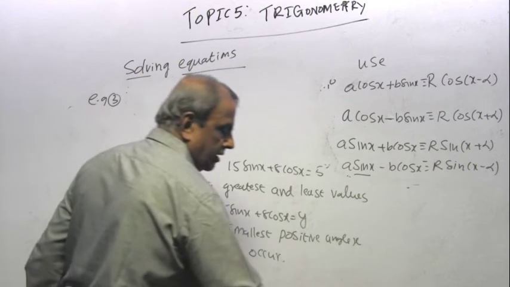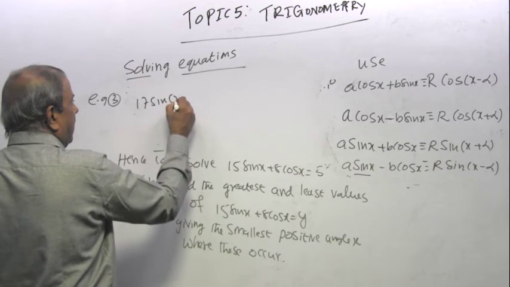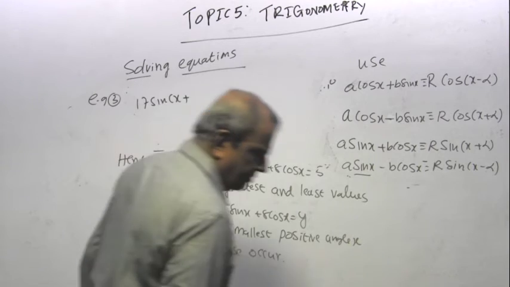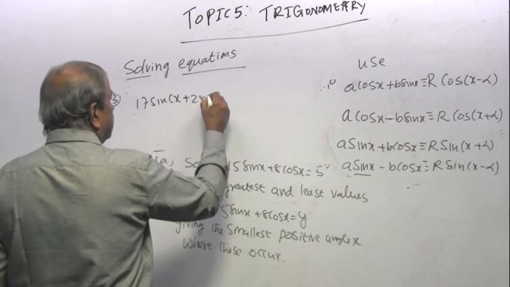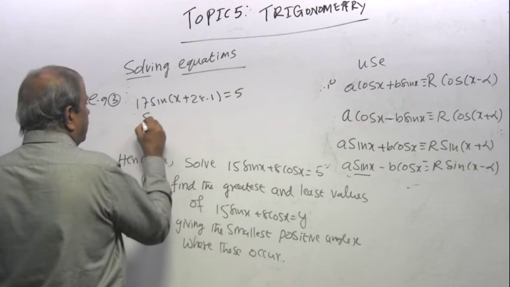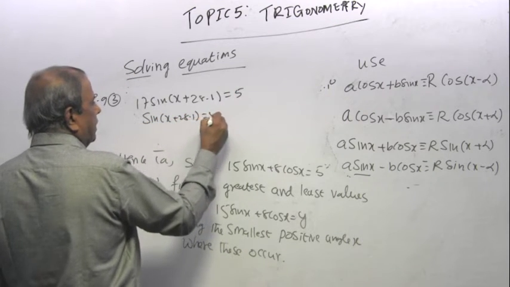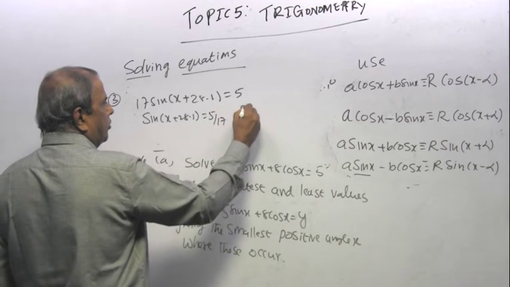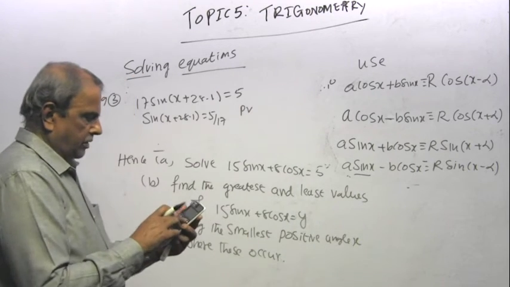So I can write the question as 17 sin(x plus 28.1) equal to 5. So sine of (x plus 28.1) equals 5 over 17. What's your PV? Sine inverse 5 over 17.